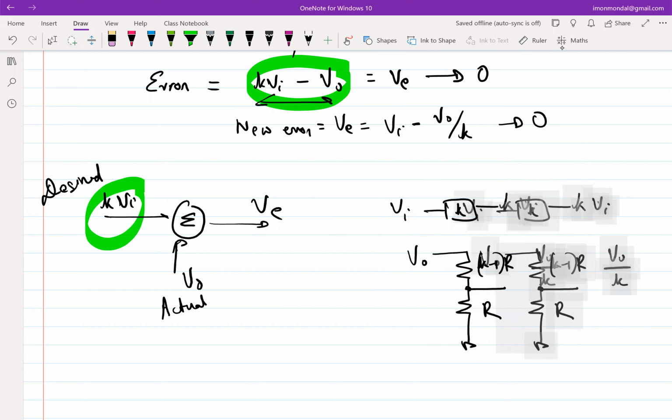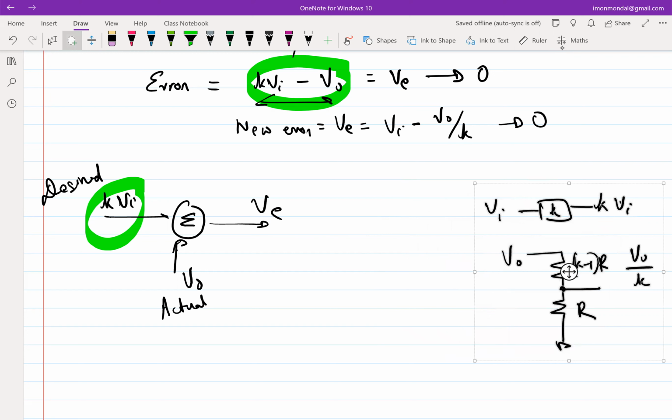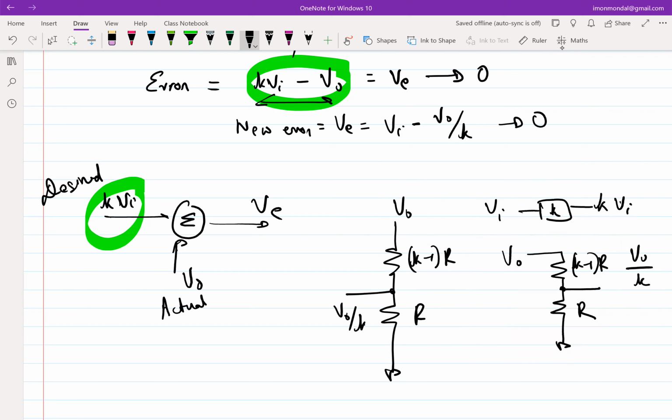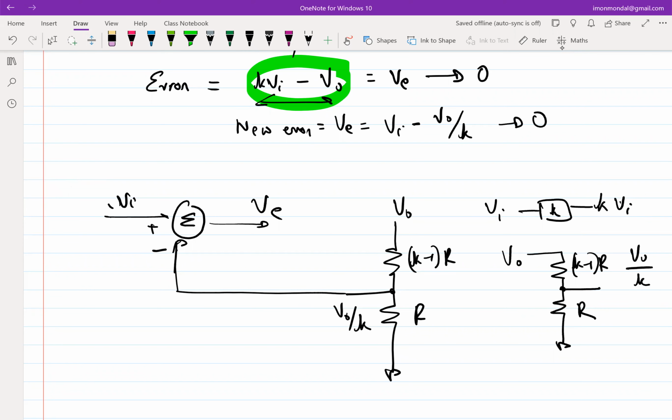Now if this is fine, then let's say we have V naught. This is V naught over K, and I'm redefining my error. So this is Vi, this is V naught over K. Okay. So now we have the initial pieces of the negative feedback loop.